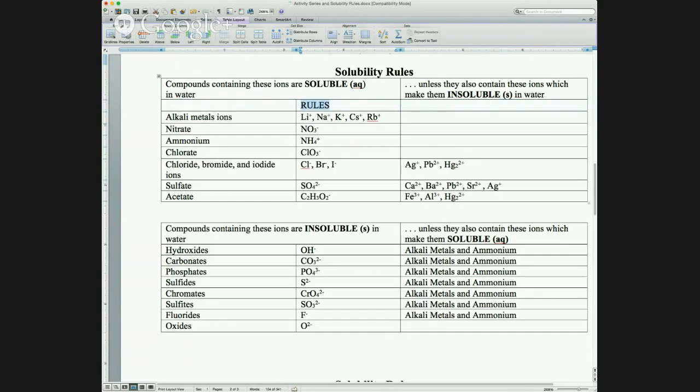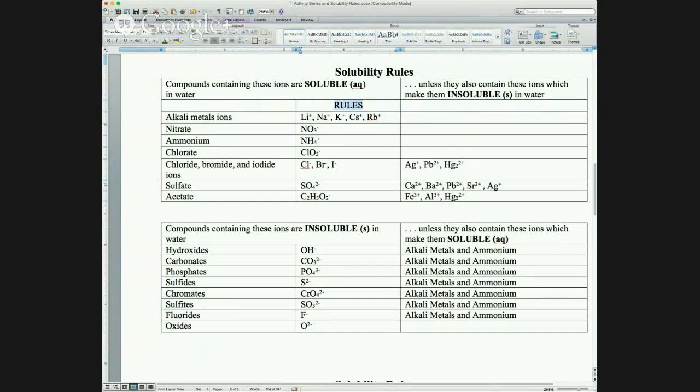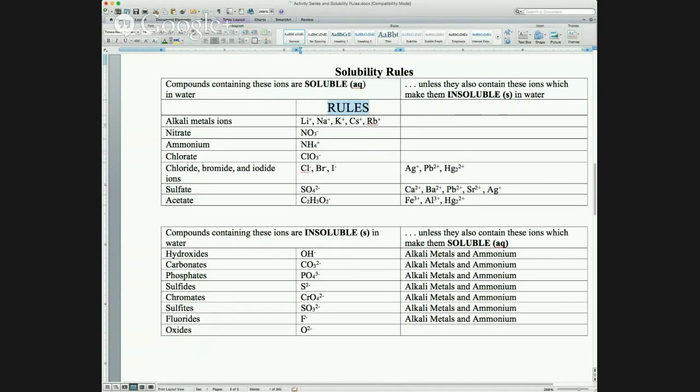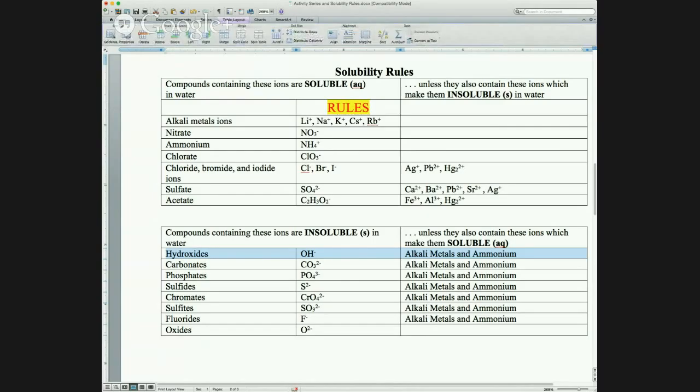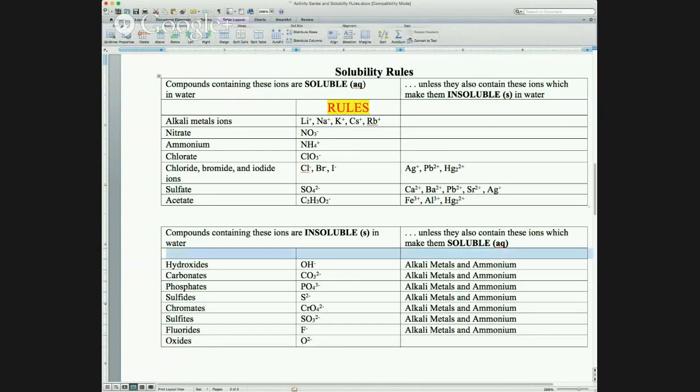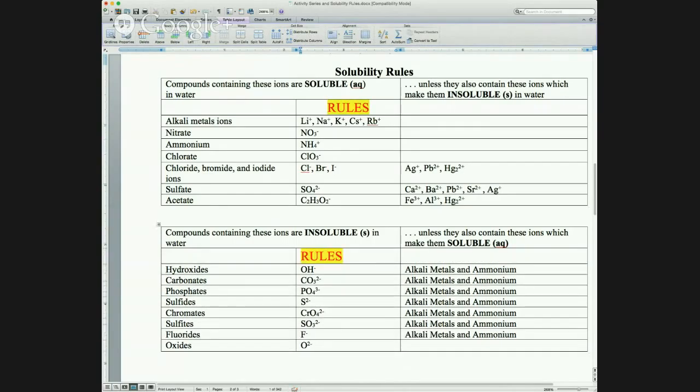So, let me center that up and we'll make it a little bit larger and we'll change it to red and we'll make the whole thing yellow. Okay, so those are rules. In the same way, the rules are in that column, which means that the same thing applies for this row right here.